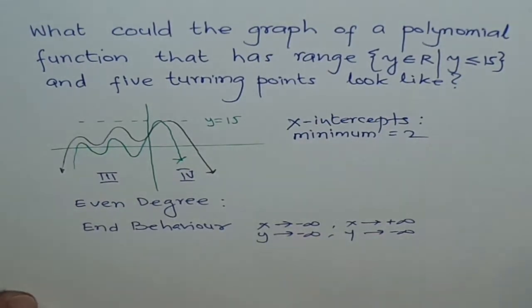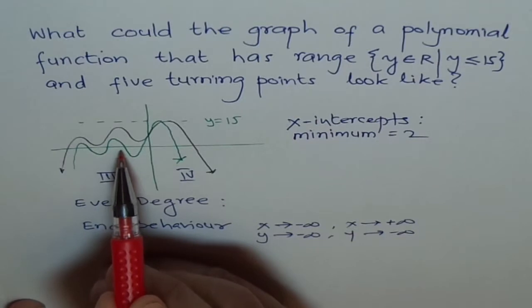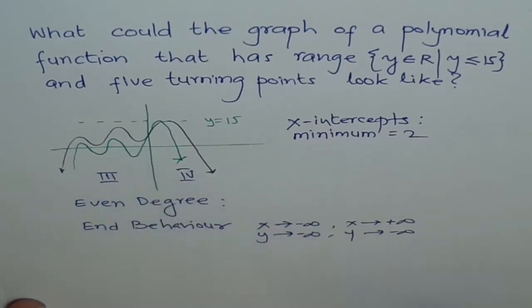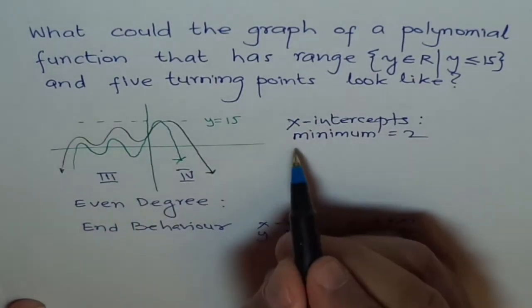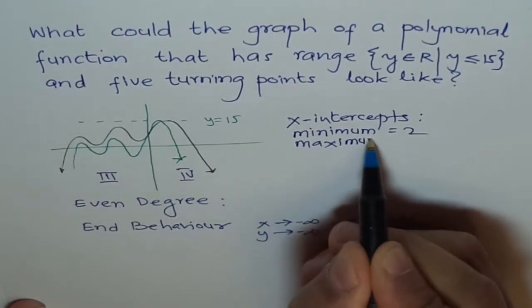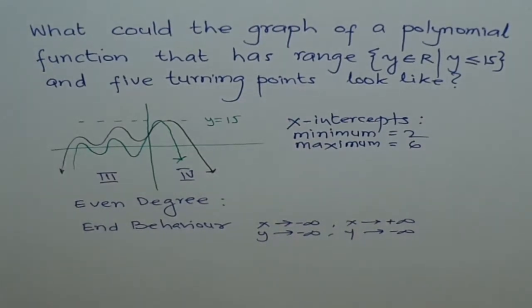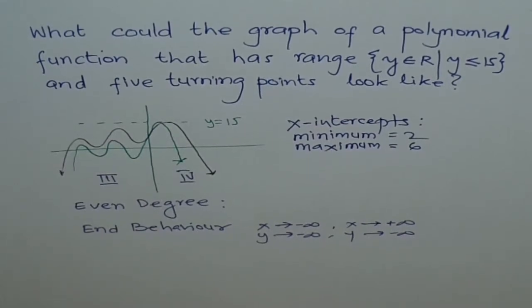So let's see how many x-intercepts we have now. 1, 2, 3, 4, 5, 6. So the maximum number of x-intercepts will be 6. So for 5 turning points, we can have a maximum of 6.